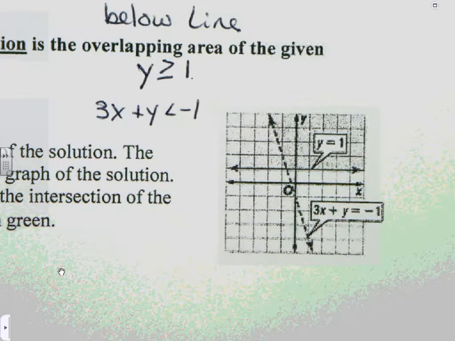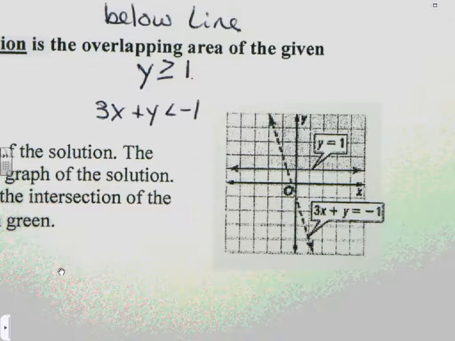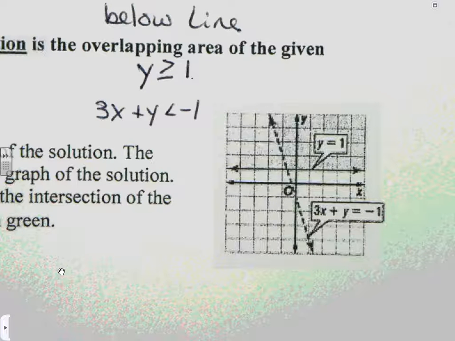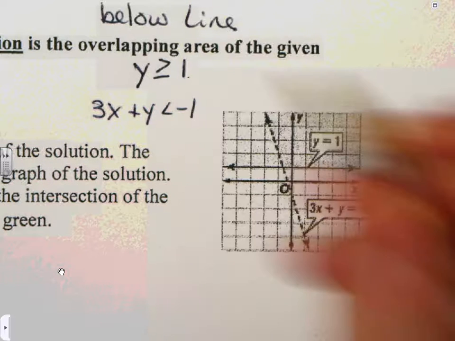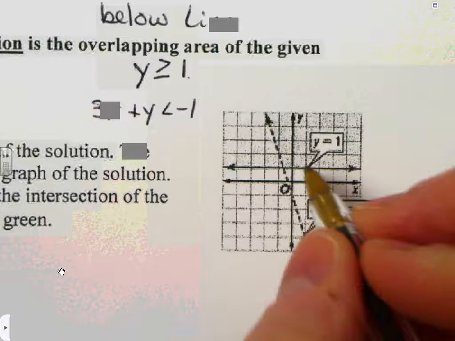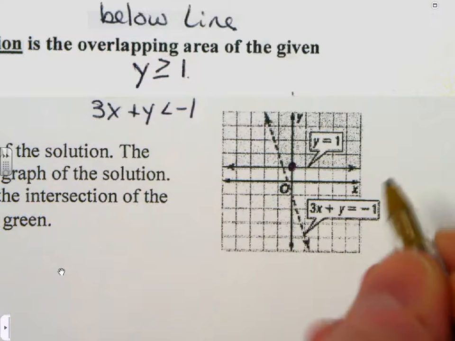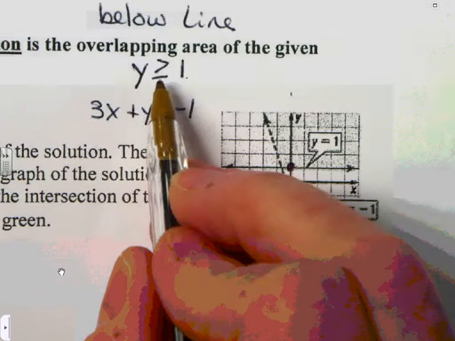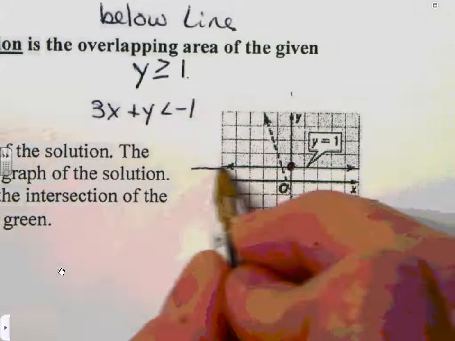Positive, negative, y equals 0. So y equals, with nothing else, it's a horizontal line, and x is undefined. So that means my beginning point is at 1. And so I would put a positive 1 on the y-axis. It's always on the y-axis. And it is a horizontal line. Notice that it's a, what kind of line? Solid or dotted? Solid line all the way across.